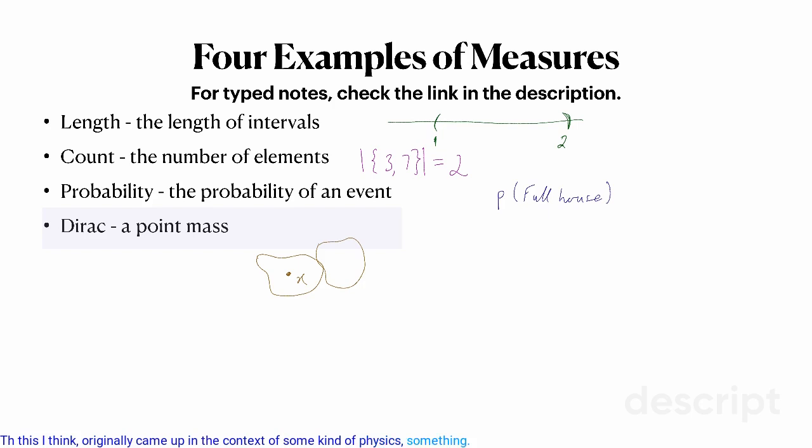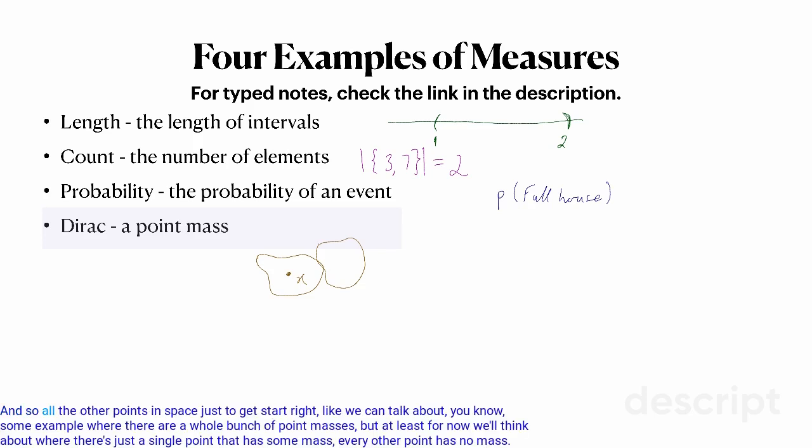It's supposed to capture the idea of a point mass, a single point that has some positive mass. And so all the other points in space, just to get started, we can talk about some example where there are a whole bunch of point masses, but at least for now, we'll think about where there's just a single point that has some mass, every other point has no mass.